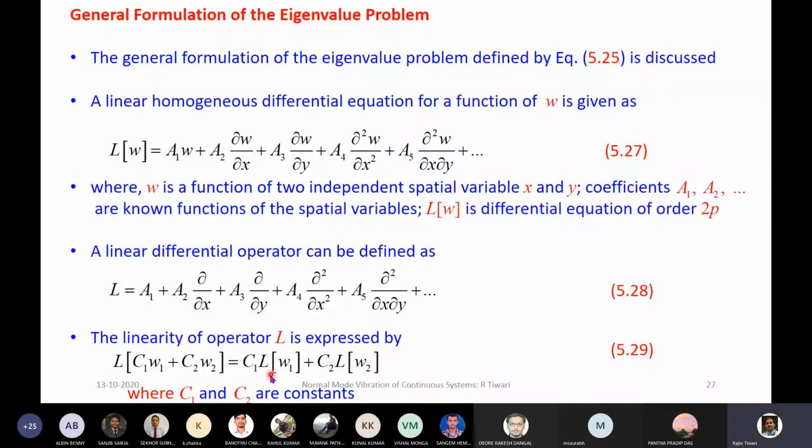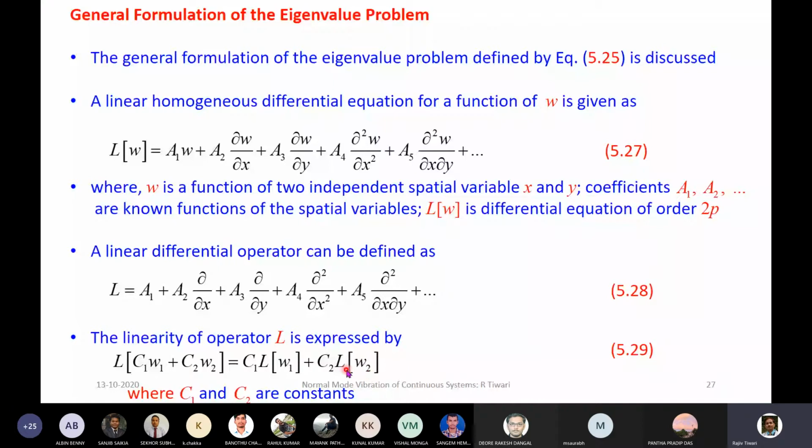So the understanding is that the L operator is applied to W1 and also to W2. You can see it is something like opening the bracket, and it is applied to each of the functions W1 and W2. So this is a linear operator.